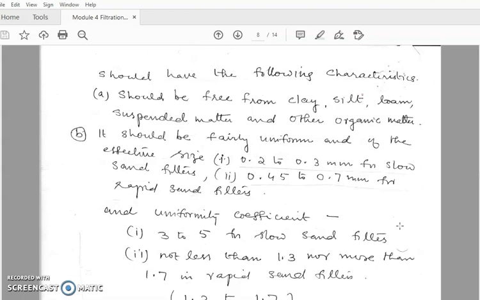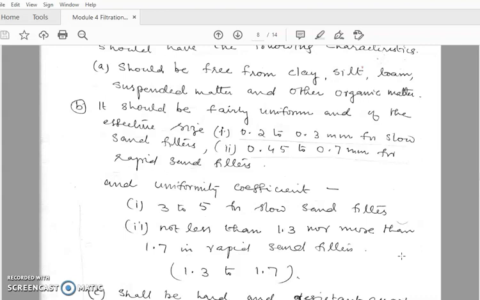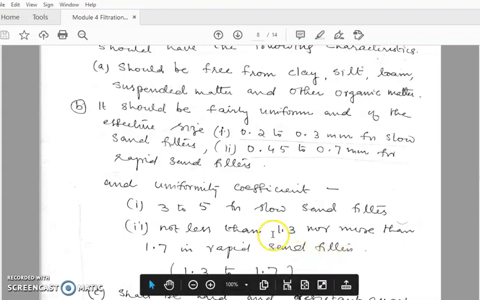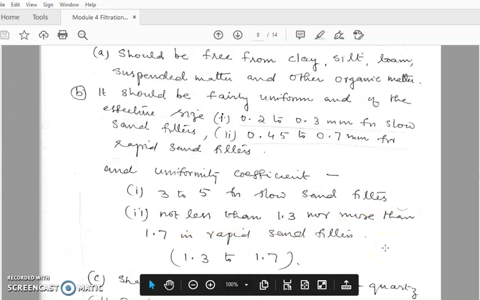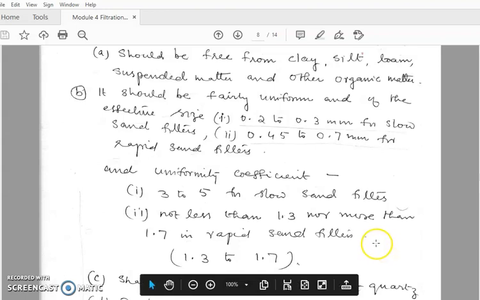Now the uniformity coefficient. For slow sand filters, the sand media should have a uniformity coefficient of 3 to 5, and for rapid sand filters it should not be less than 1.3 nor more than 1.7. What do you mean by uniformity coefficient?